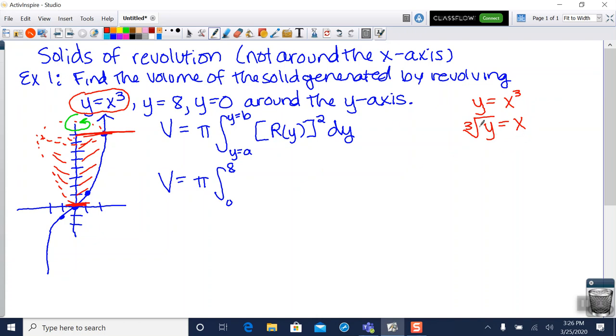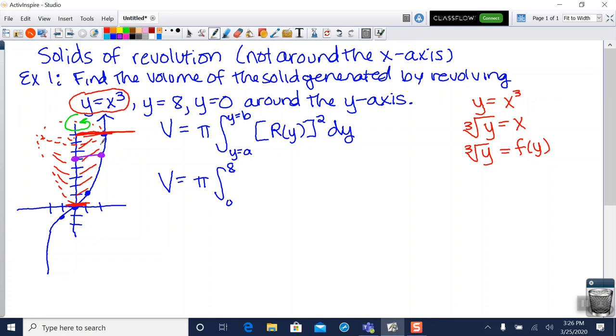This function is f of y, right? Because to be a function of y, your equation has to have y's in it. So over here, if I look, I can see that the radius of the circle that's being created goes all the way from the y-axis at every point out to the function itself.